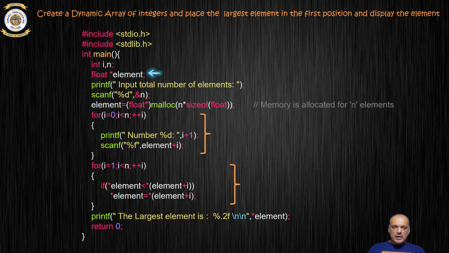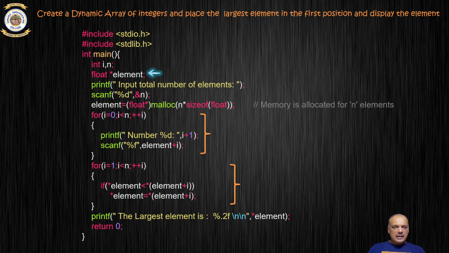This pointer variable is used to point to the dynamic array which is going to get allocated. If you remember, every dynamic memory allocation is referenced using a pointer variable. So the dynamic array is referenced using a pointer, and this pointer variable is for this purpose.